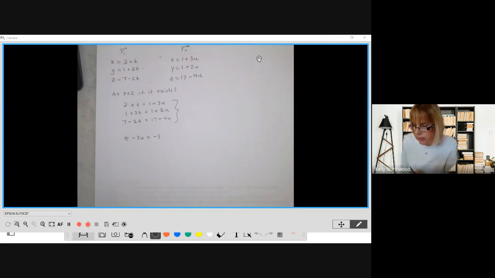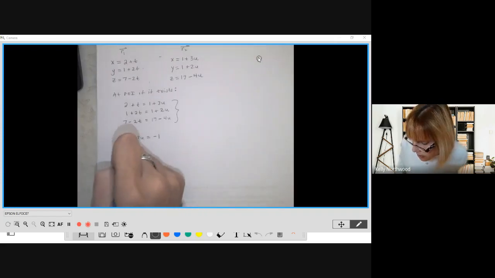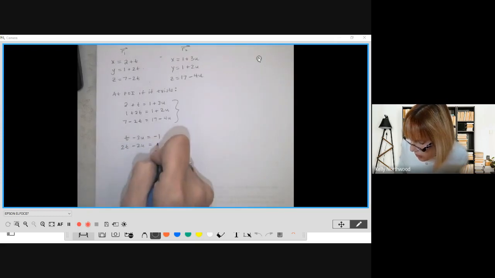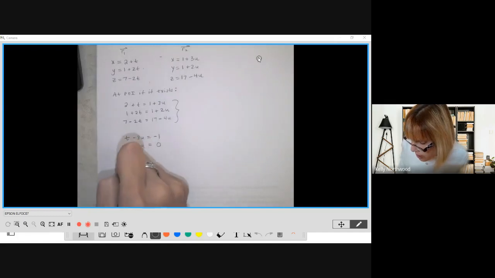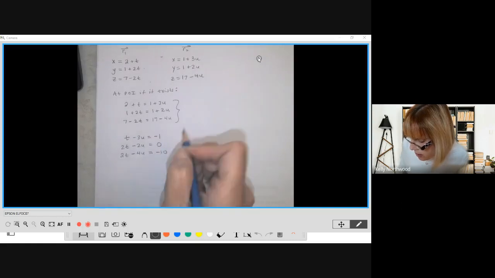So be careful. All right, so the next one, if I want a positive, it's going to be 2t minus 2u equals 0. And then here I'm bringing this over, so 2t minus 4u equals negative 10.